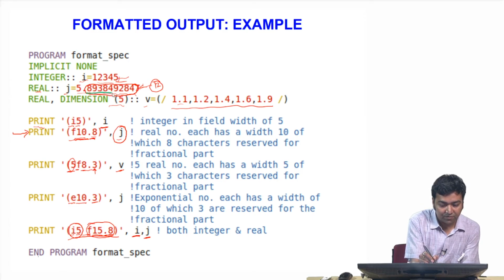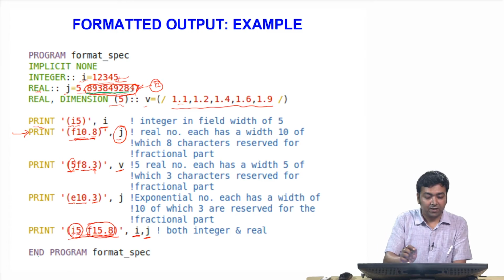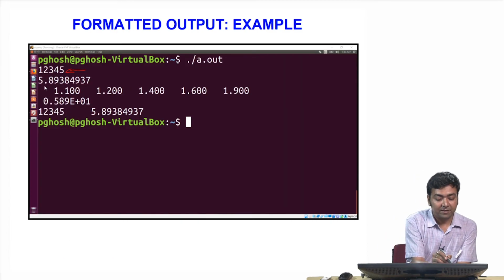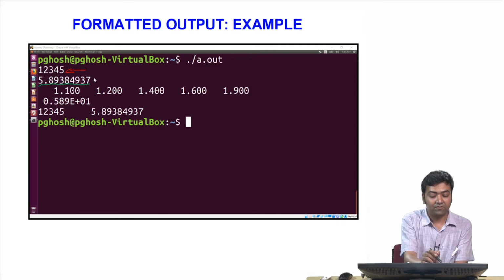That is 4, 6, 8, till this point, and typically it rounds after the last decimal place. And this is what we precisely see here in this output, of which I have taken a screenshot from my laptop. So, the number j has been expressed using 10 places, out of which there is 1 place for the decimal point, 1 for the part before the decimal, and 8 places after the decimal.